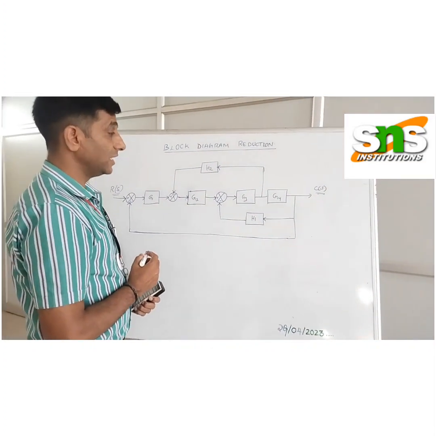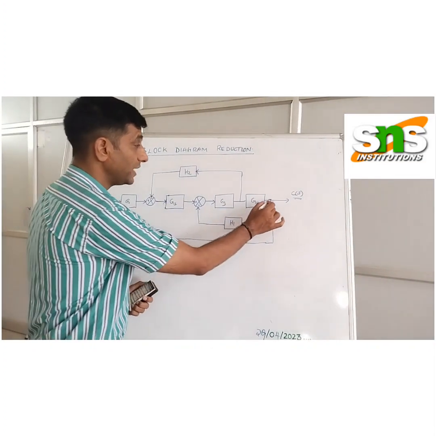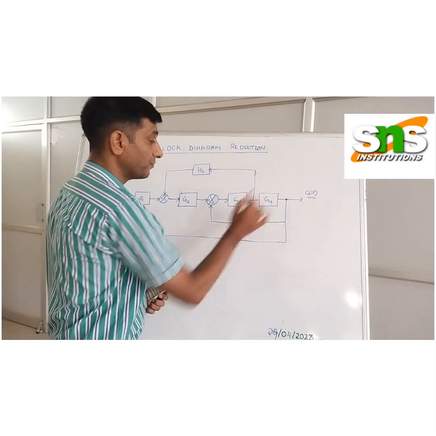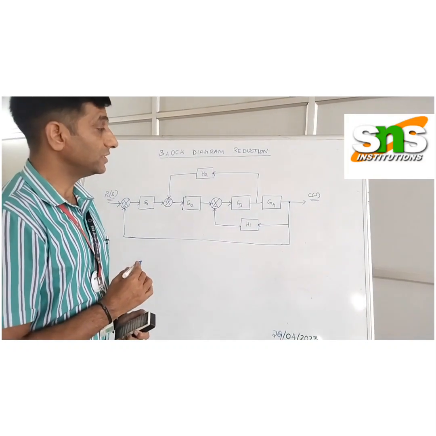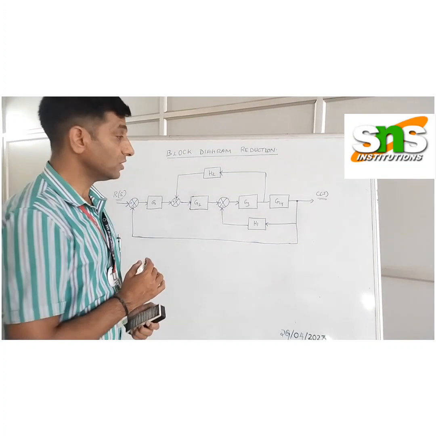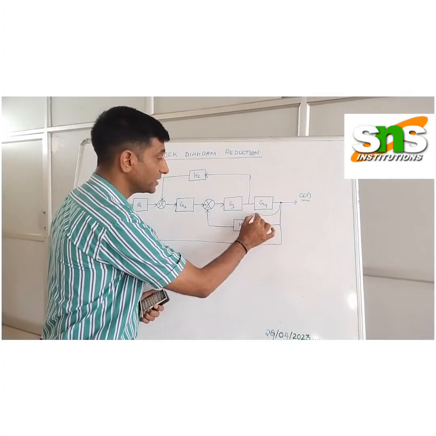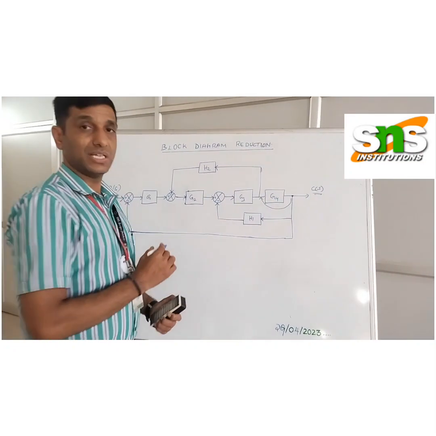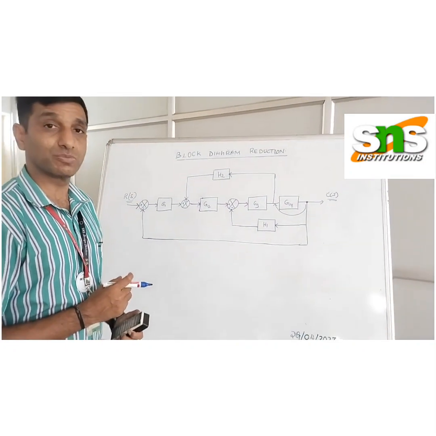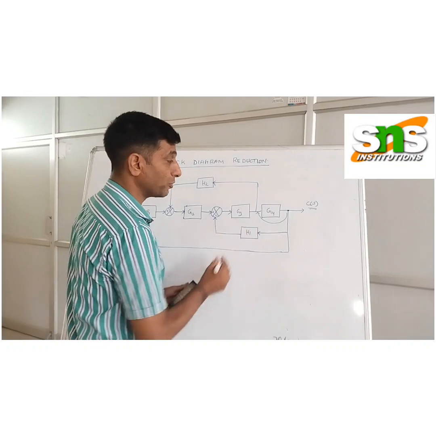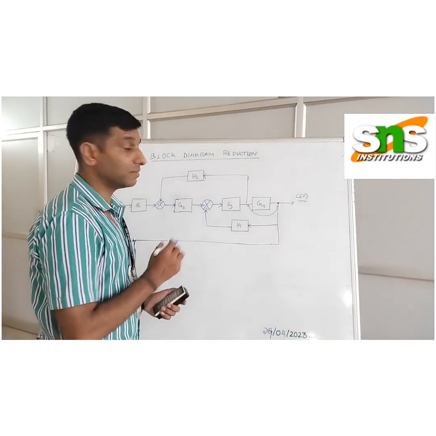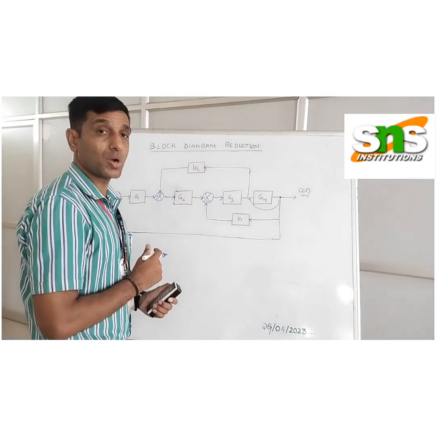In that case, here we have the branch point. We have the branch point after the block G4. Now our first step here is to move the branch point before this block. The branch point is moved before this block, by moving the branch point according to the rules of block diagram reduction.